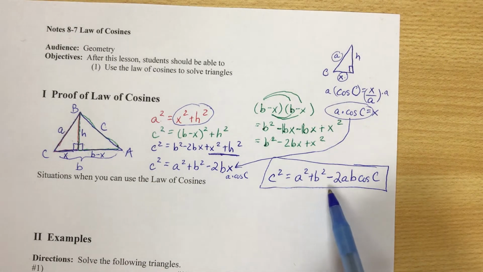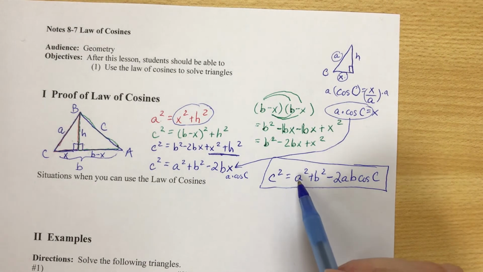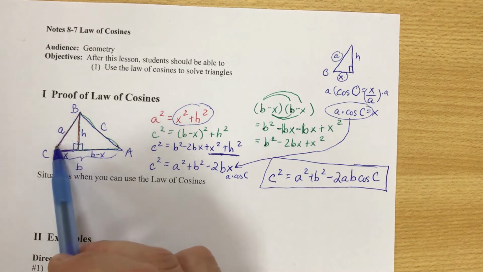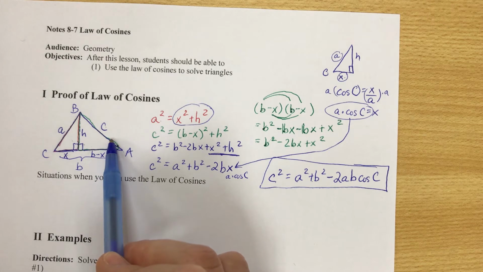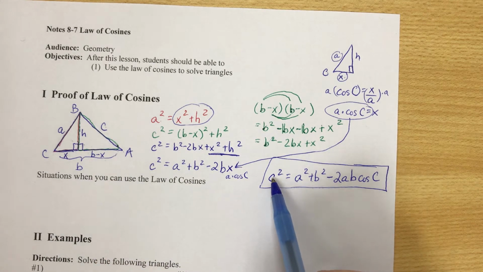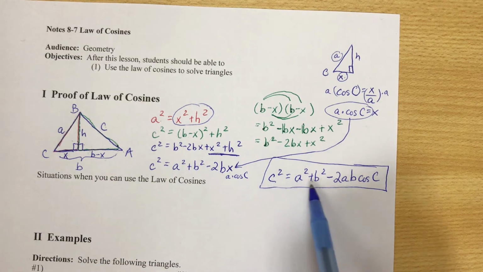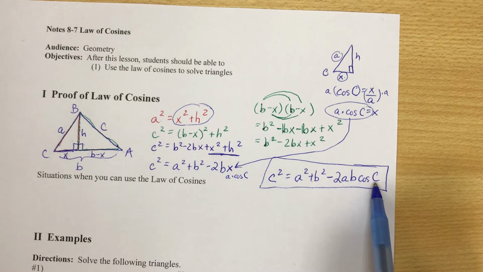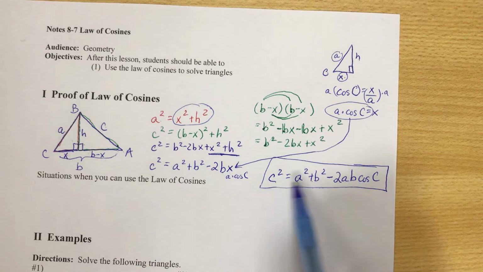Now again, it looks very complicated, but a, b, and c represent the sides of the triangle. If c squared is the one on the left side, then the last piece is minus 2 times a times b times the cosine of angle c.